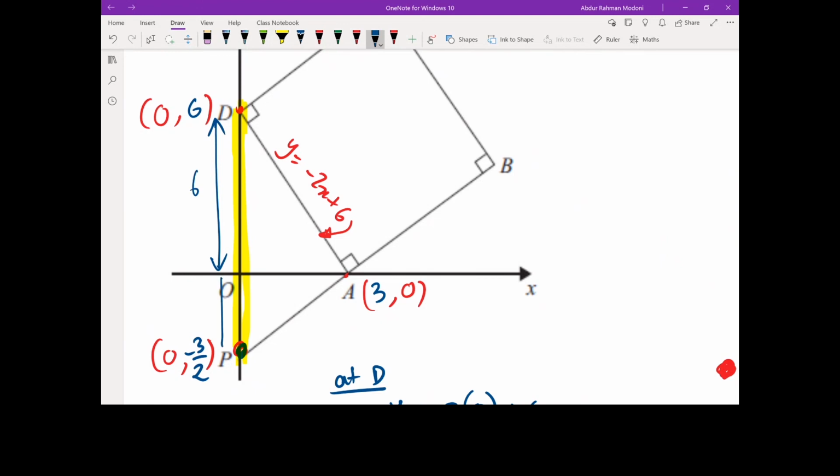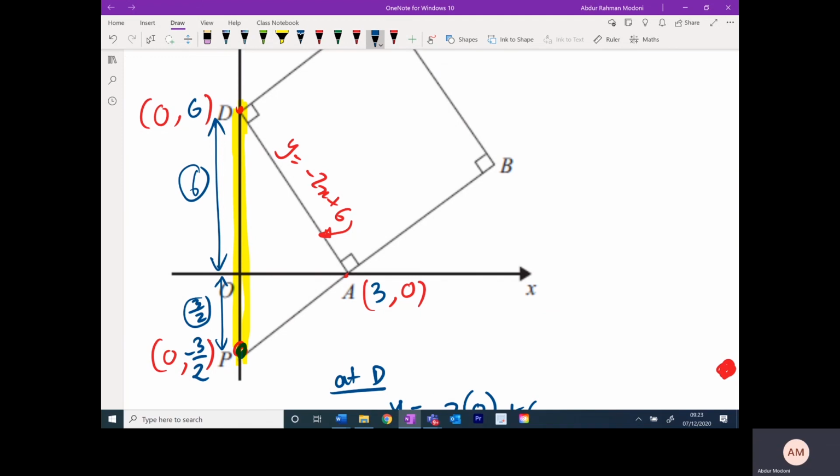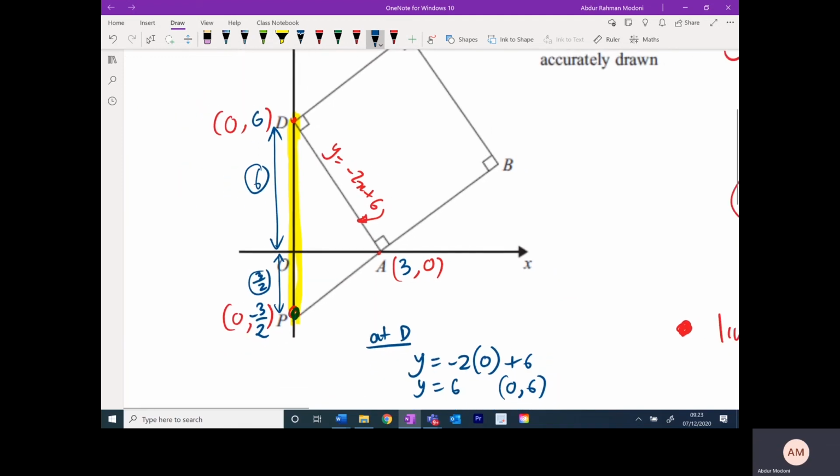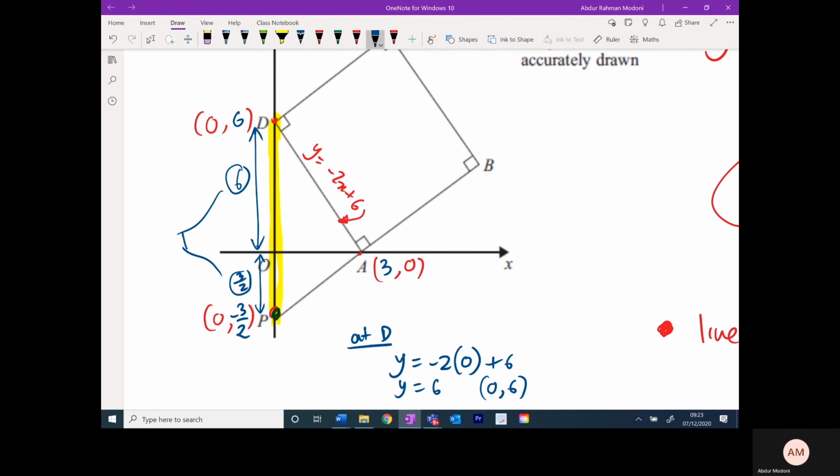What's this length? -3/2 is the coordinate, but what is it as a length? Length is 3/2. Lengths can't be negative here. The coordinate is negative, indicating it's below the x-axis. But the length is 3/2 itself, and the length here is 6. So 6 plus 3/2. So we can then say length PD is 7.5.